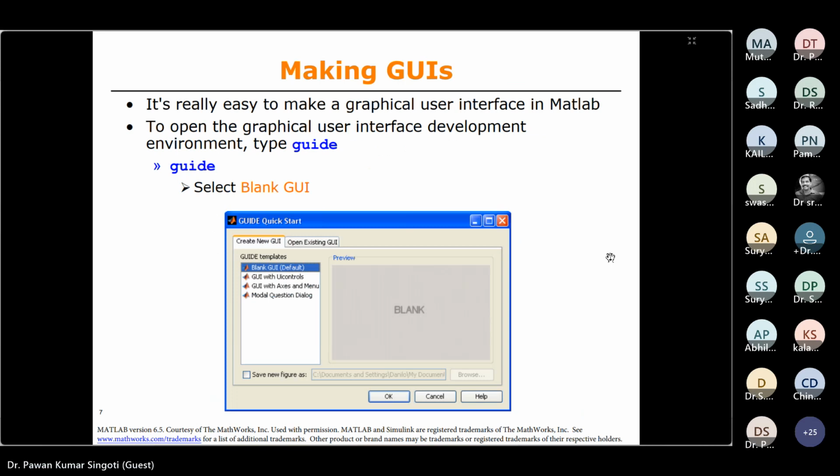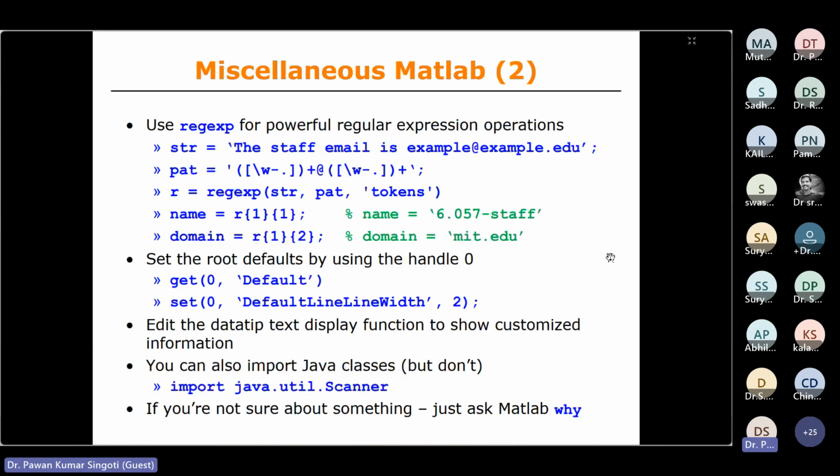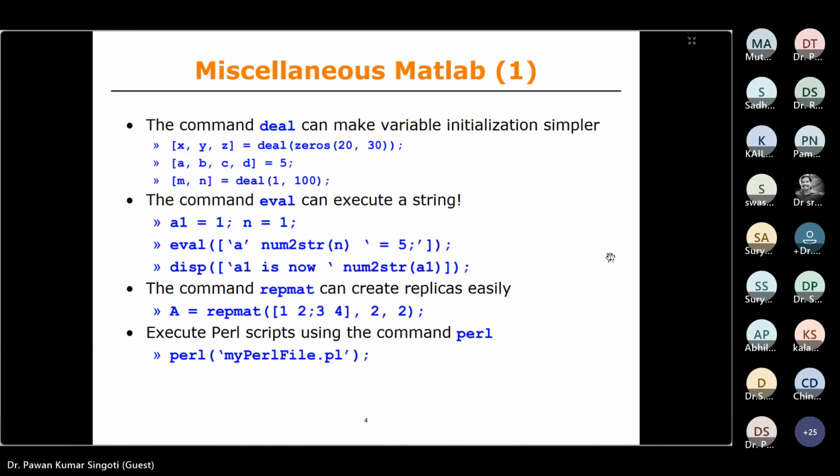So you can also make a brief of this. The repmat command can create replicas of a matrix. You can just write repmat, so this matrix can be repeated 2 comma 2. Execute parallel using the command parfor is also part, and a .pl file can be imported.